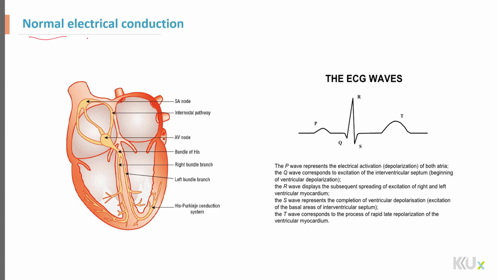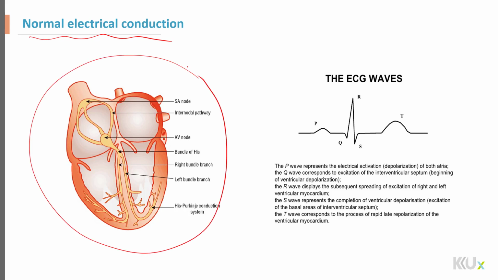So what is the normal electrical conduction inside the heart? As you can see from this figure, the electrical conduction is initiated at a very specialized bundle of cells called the SA node, the sinoatrial node. These are specialized cardiac cells that can initiate cardiac activity or electrical activity.